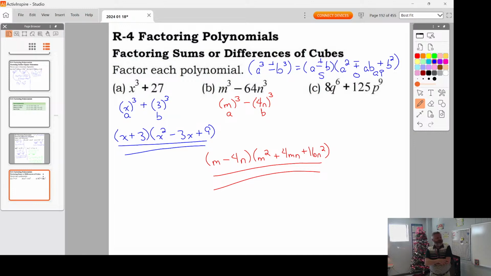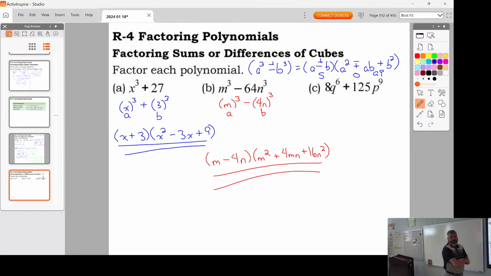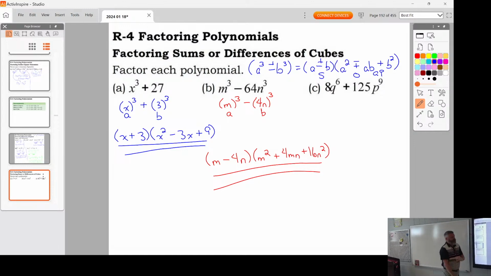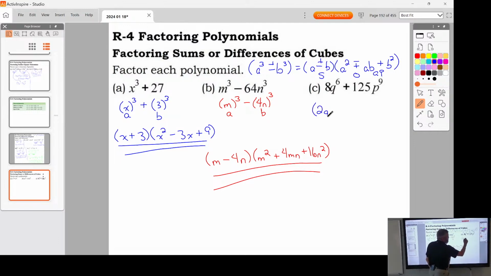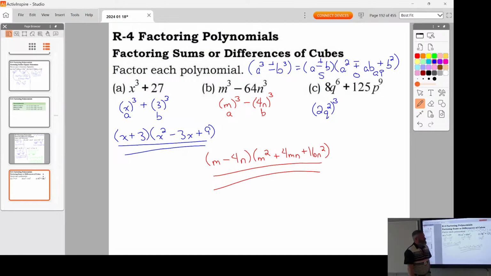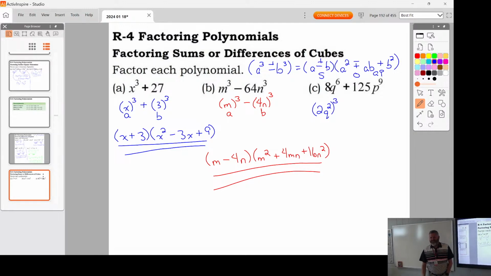Part C. 8q to the 6th. Is 8q to the 6th a perfect cube? What do you cube to get 8q to the 6th? 2q squared cubed is 8q to the 6th.